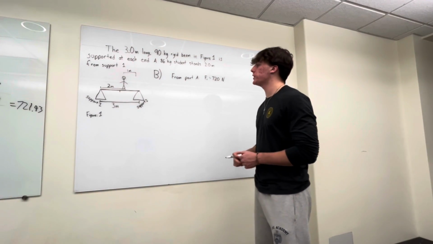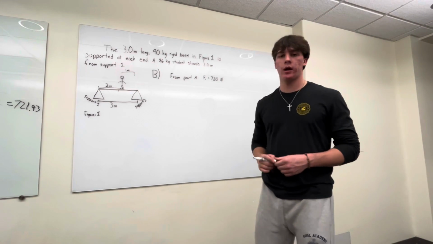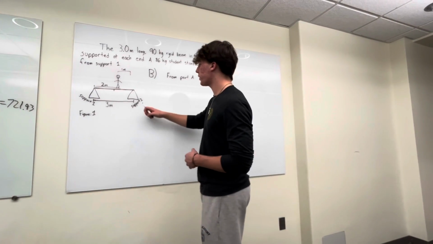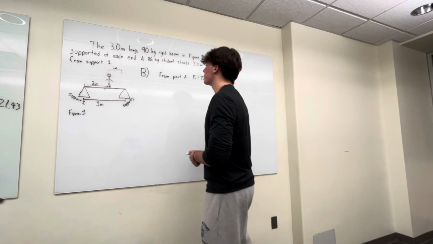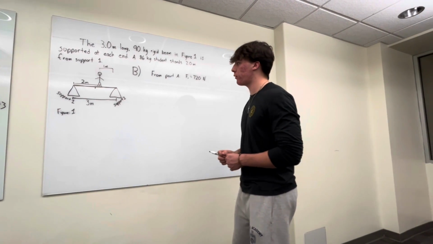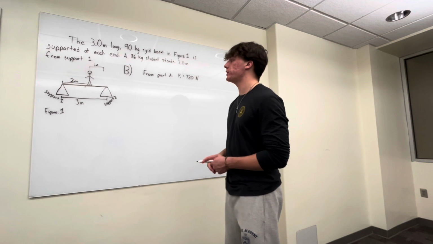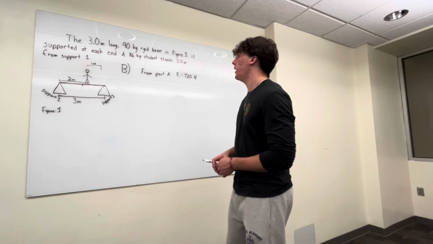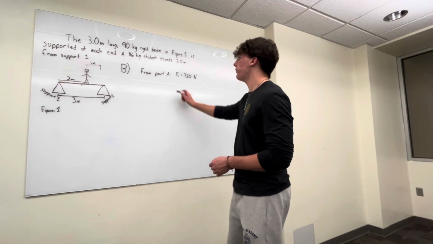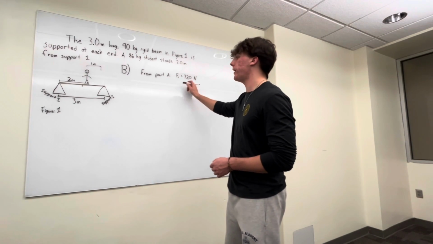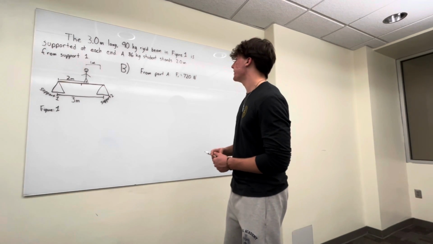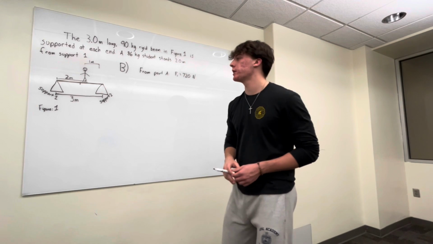All right, so now on to part B, where we need to find the force from support 2. Unlike the first part where we used a sum of torques equation, for this problem we're going to use a sum of forces equation. Keeping in mind that from part A we already found that the force from support 1 is equal to 720 newtons.